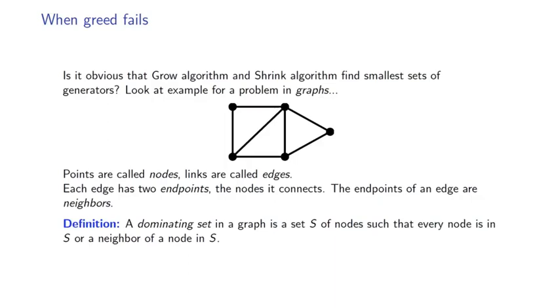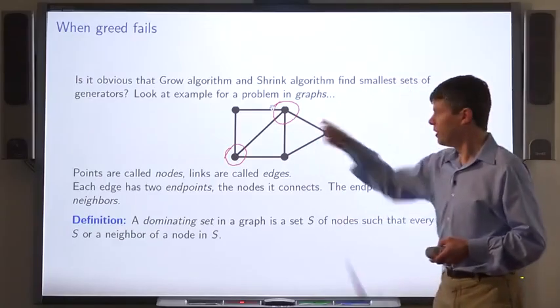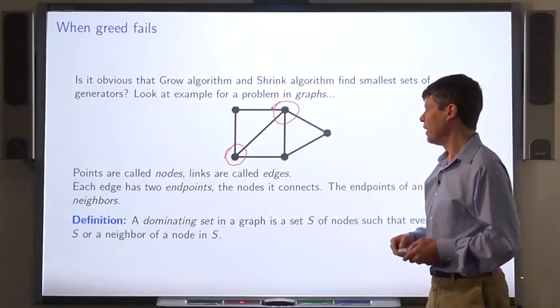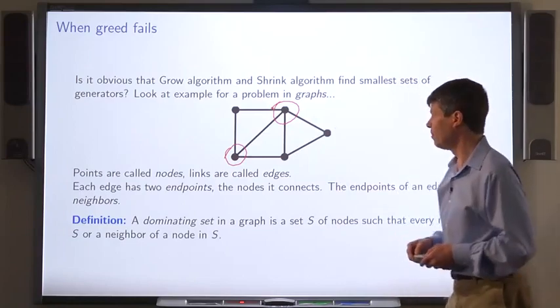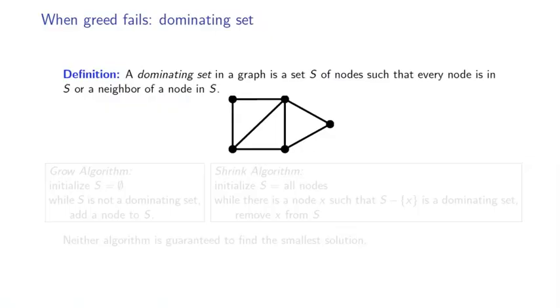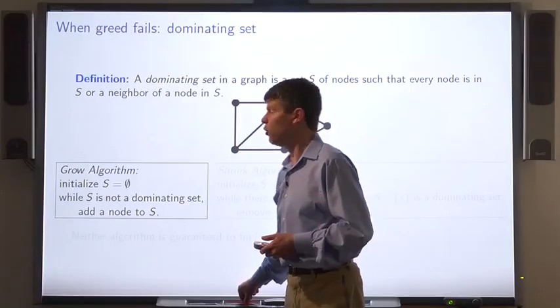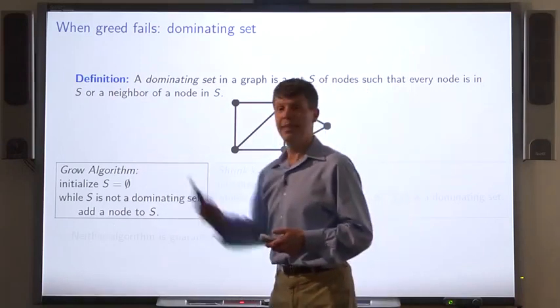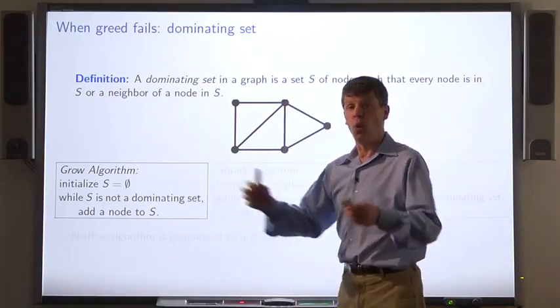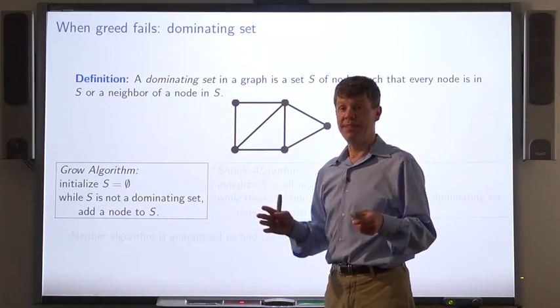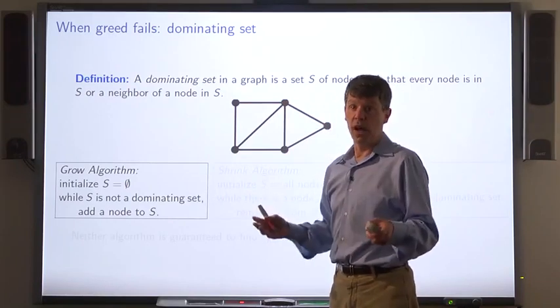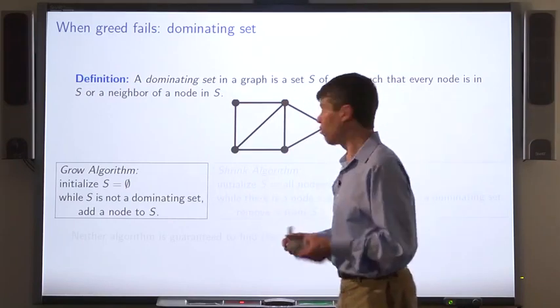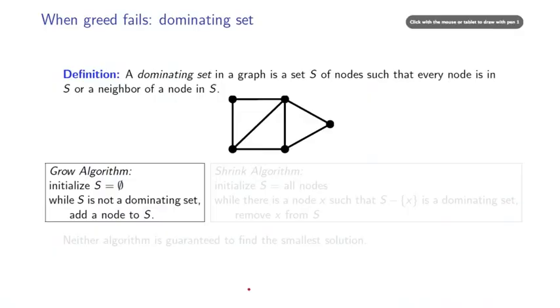So, for example, the set of nodes I've circled here is a dominating set. Our goal is to find a smallest dominating set in a graph. And here's one possible algorithm, the GROW algorithm. You initialize the set S to be the empty set, and while S is not a dominating set, we add a node to S. So we might start by adding, say, this node.